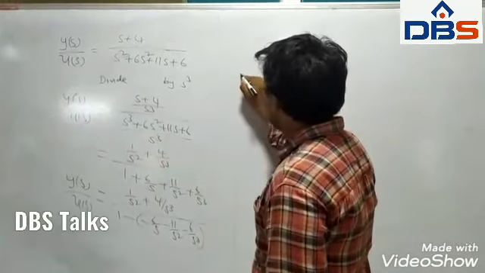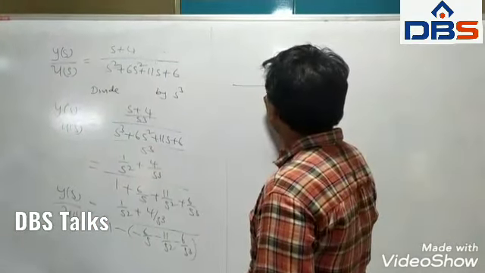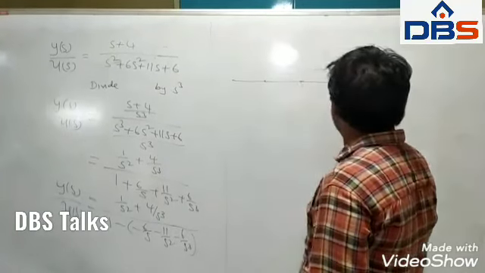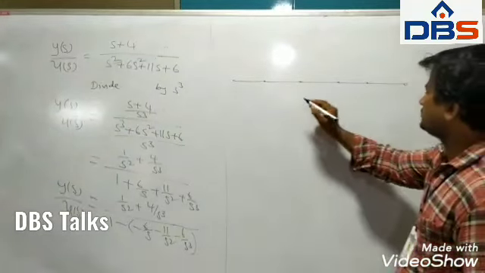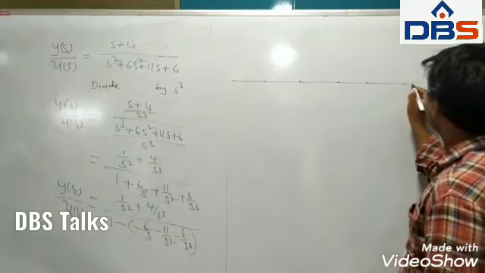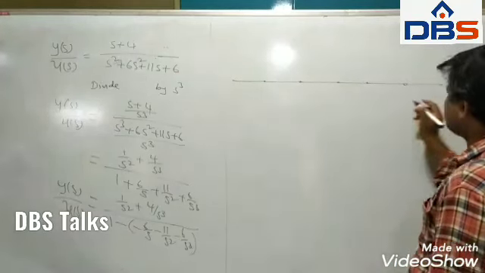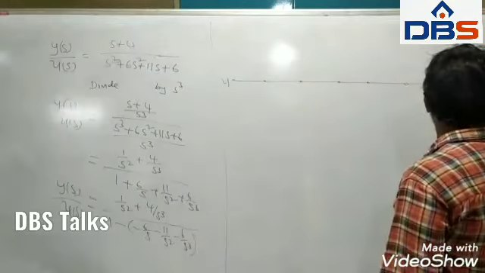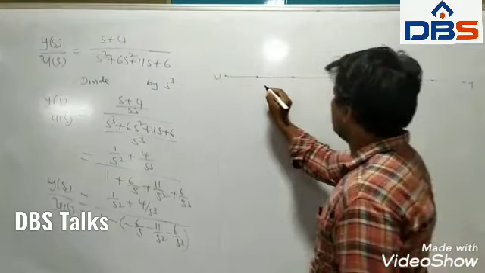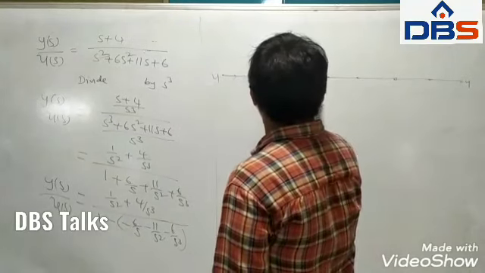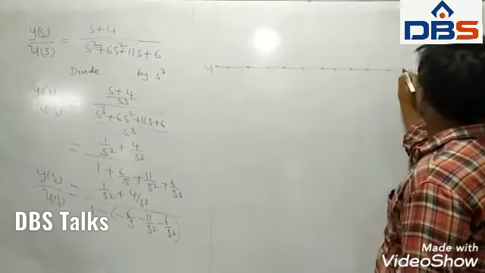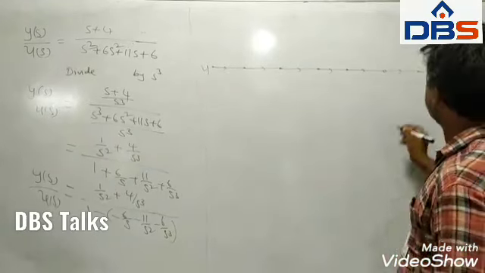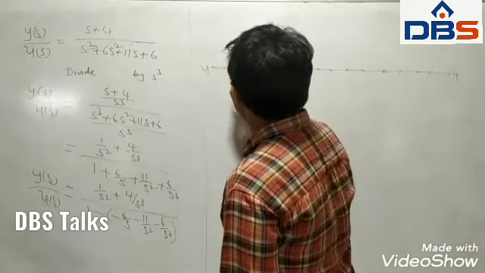First of all, a signal flow graph consists of a number of nodes. So this is u and this is y, with gains 1 and 1.